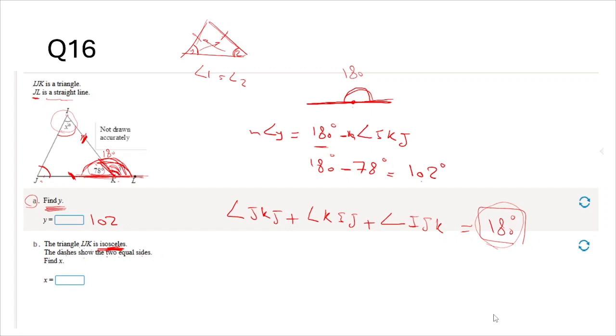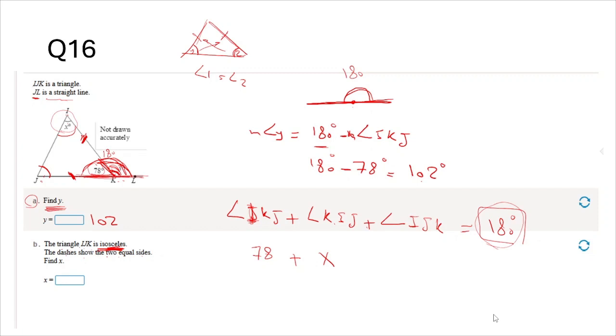So let's see here. Angle IKJ is equal to 78, plus angle KIJ, which is equal to x, plus angle IJK, which is the same.